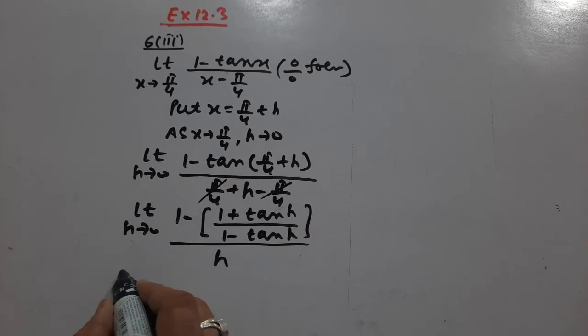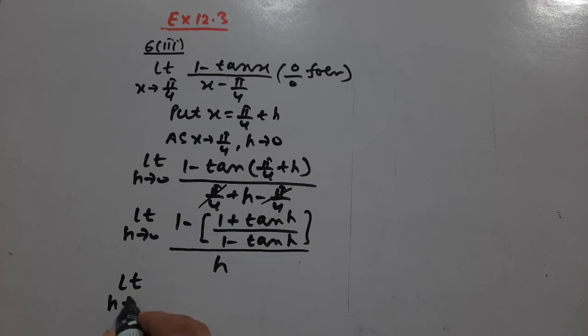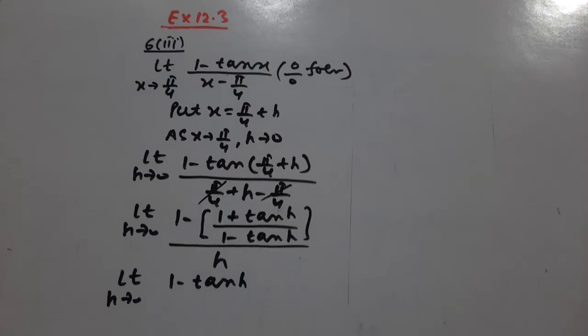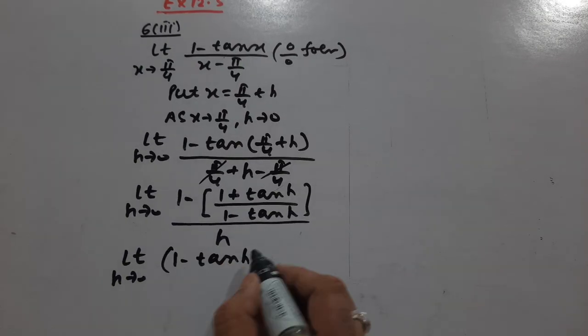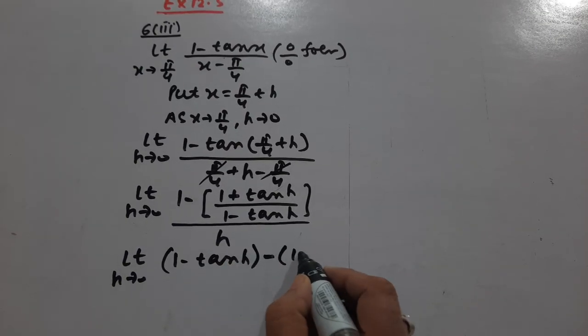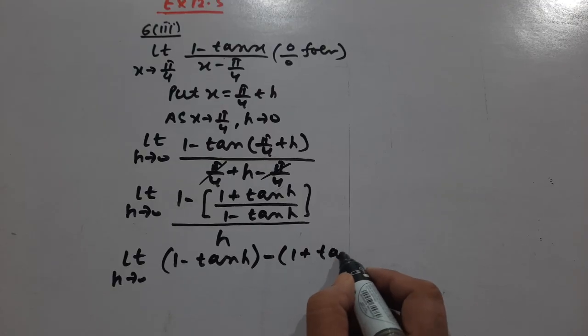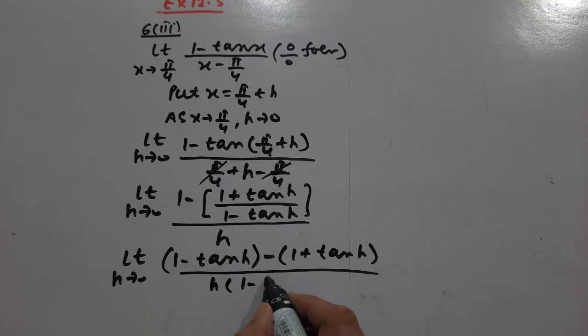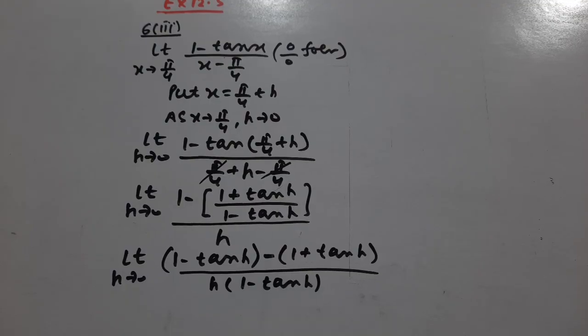Now take LCM. Limit h tends to 0, take LCM with 1 minus tangent h. First we take LCM like this, upon h into 1 minus tangent h.